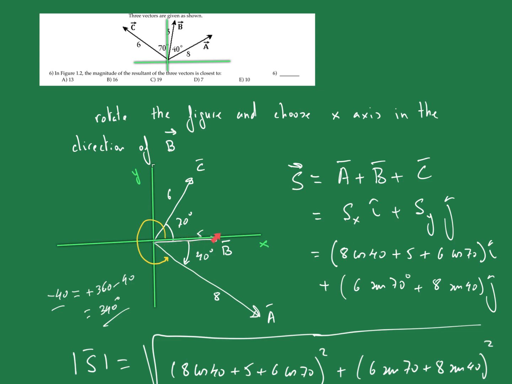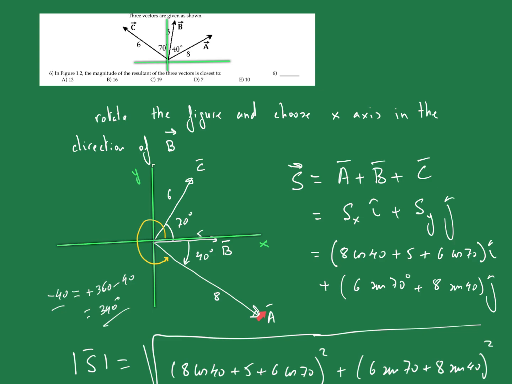Well, I see the B in the X direction, so this is 5 magnitude. I see 6, but this 6 is not in the X direction. And how much is in the X direction? 6 cosine of 70. 6 cosine of 70 is in the positive X direction. And I see also 8, but 8 is not in the X direction.